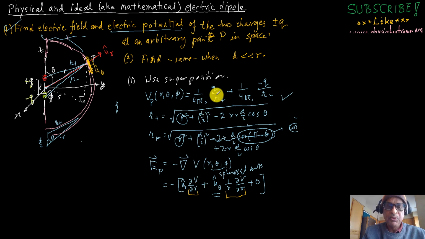So when we go over here, we're going to find something here and something here. So basically you need to do del of this. So del over dr of, say, r plus.